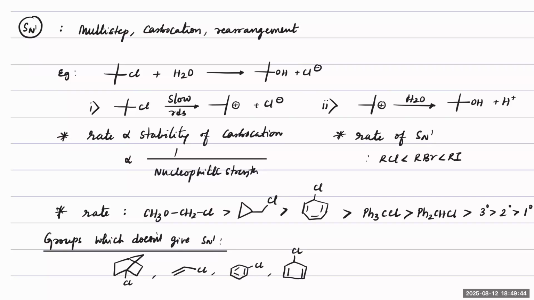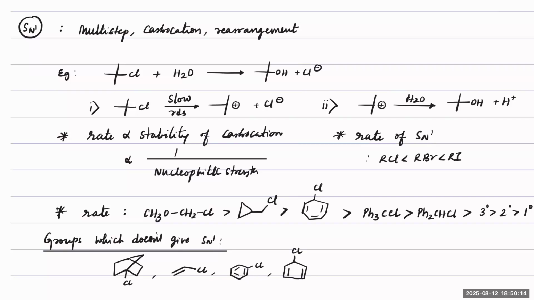The rate depends upon the stability of the carbocation. It is inversely proportional to nucleophilic strength. Remember, water is a very, very weak nucleophile. Usually, if you have any neutral lone pair carrying groups, they are generally weak nucleophiles, like water, alcohol, acid.